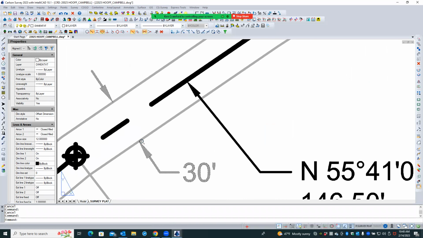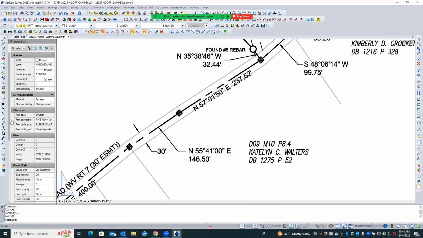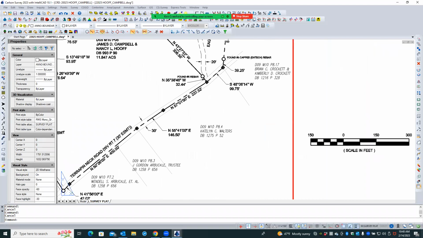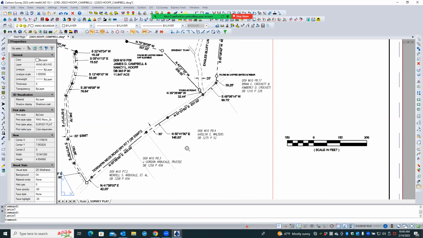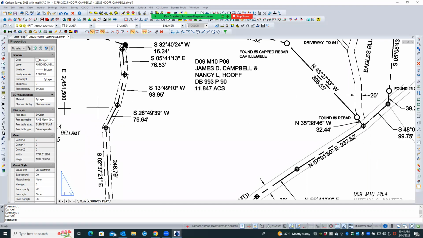So just keep that in mind, that those points, if you ever see those associated with a dimension, they're on that layer that doesn't print. So they should be okay.